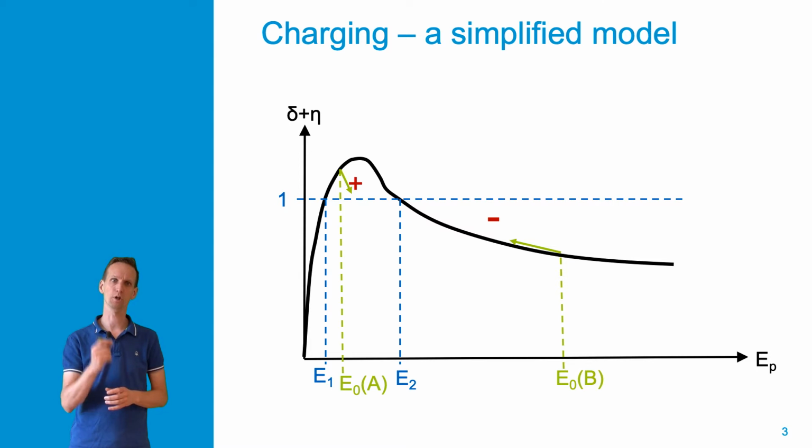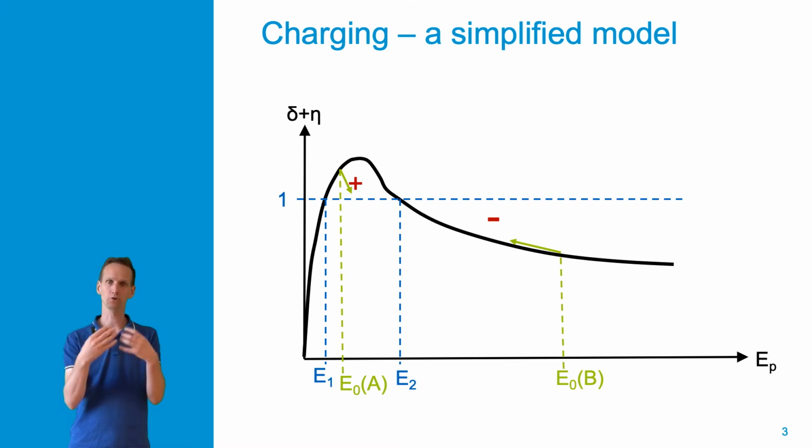So these are the points where even an insulating surface will not show charge buildup. However, if we have an incoming primary electron energy E0 in between E1 and E2, like the situation A indicated here, we will have a buildup of positive charge, so a positively charged sample after a short period of irradiation.